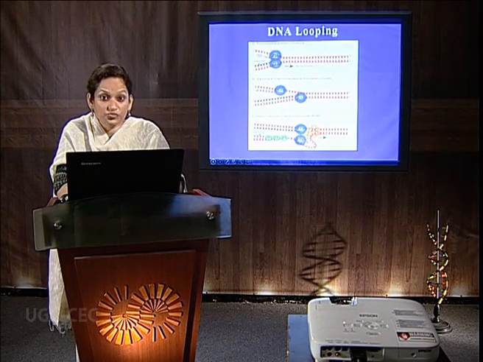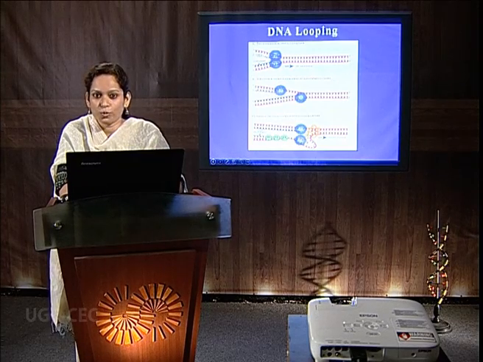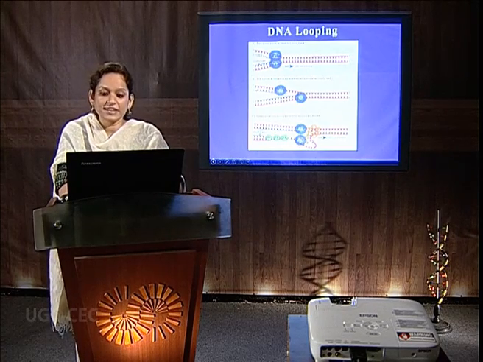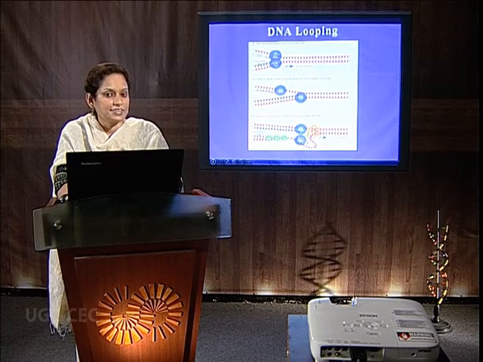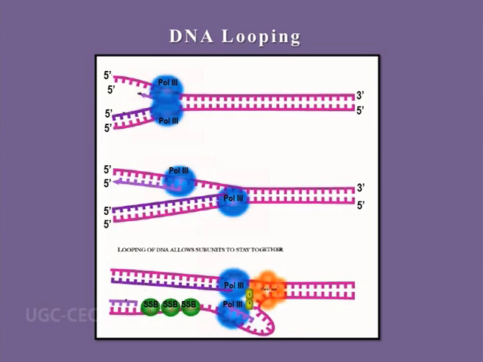Before we go further into the lagging strand and its interesting feature, first let us see what DNA looping is. As I told you earlier, the two DNA polymerase III remain in pair. Since one of them is acting in a direction opposite to that of the replication fork, there must be looping of the DNA.